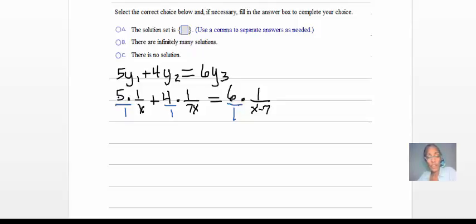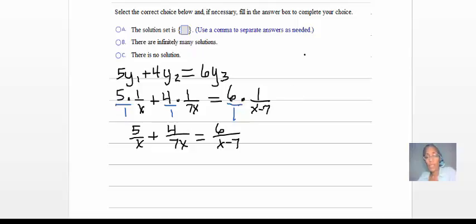When I multiply fractions, I multiply numerator times numerator and put that over the product of the denominator times the denominator. So this gives me 5 over x plus 4 over 7x equals 6 over x minus 7.